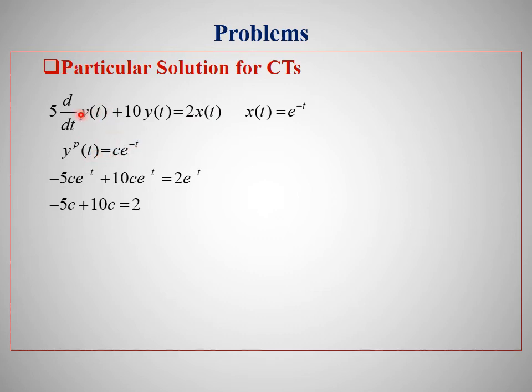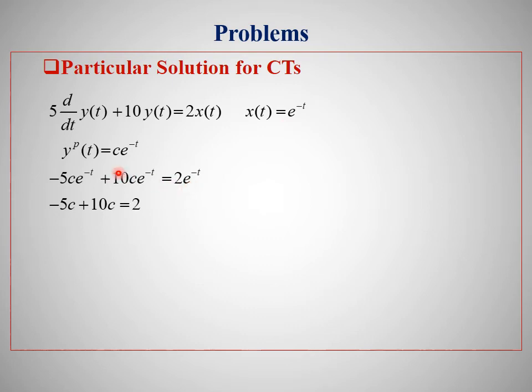Substituting this in the above equation, we get 5 into d by dt of c into e power minus t, which means minus of c into e power minus t, resulting in minus 5c into e power minus t, plus 10 into yp of t, which is c into e power minus t, is equal to 2 into x of t, which is e power minus t.